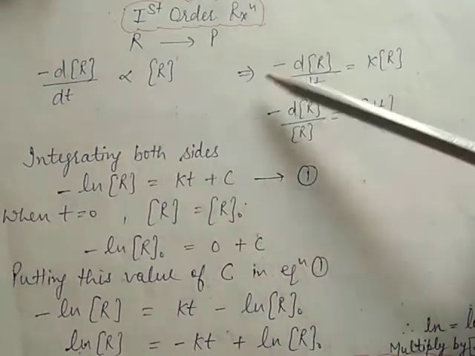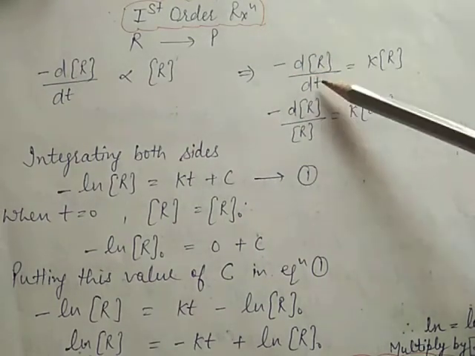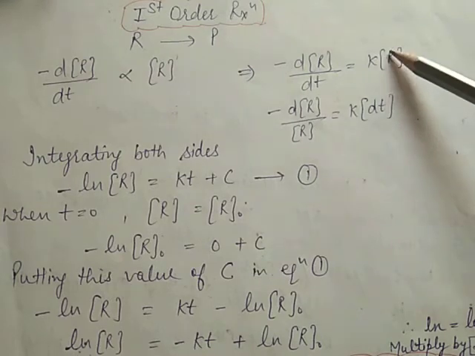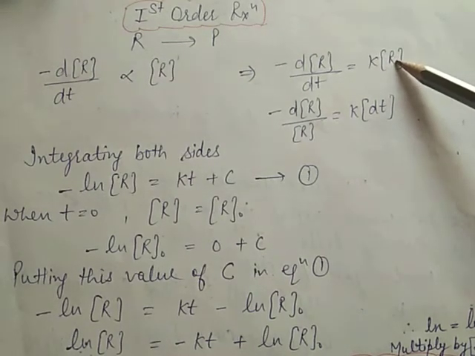To remove the proportionality sign, minus dR by dt is equal to k into the concentration of reactant.